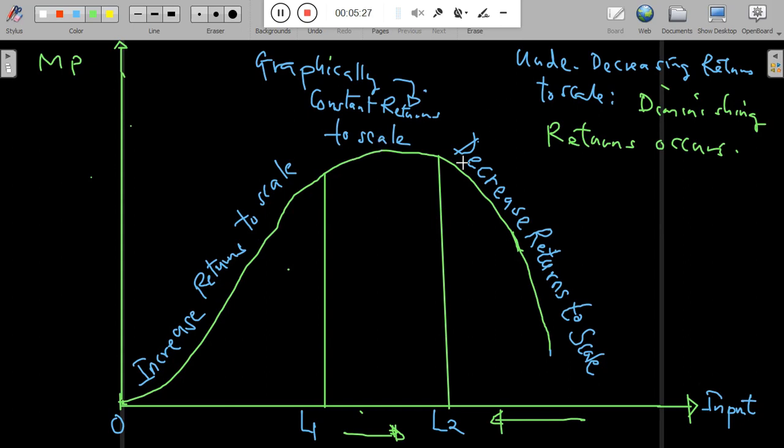So these kinds of returns to scale appear different depending on the output the producers obtain after the increase of a certain input factor of production. So that is how we present the graph of what is known as the types of production functions.